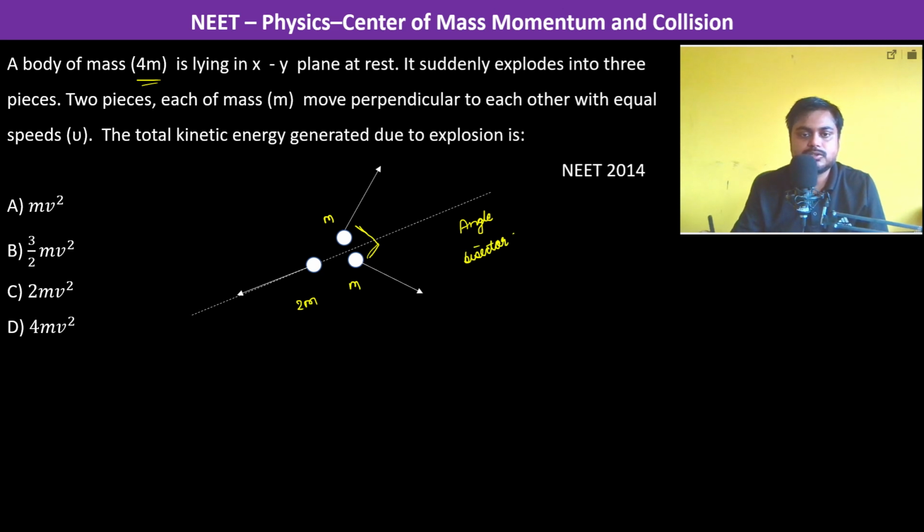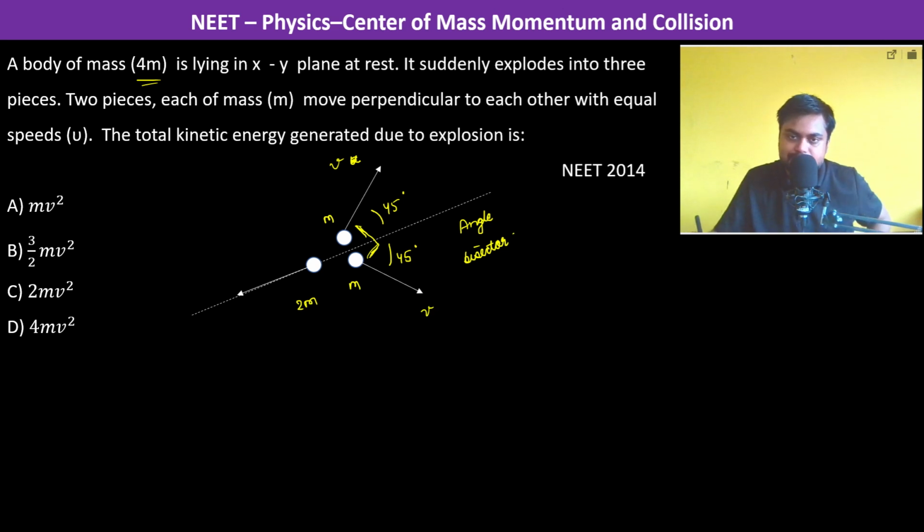So this is 45 degrees and this also is 45 degrees. Now they are moving with an initial equal speed, which is v. This is also v, this is also v.